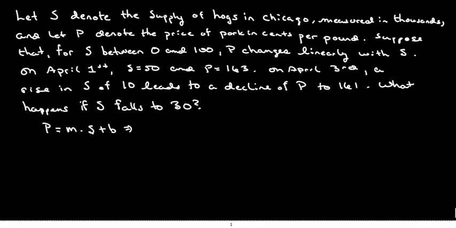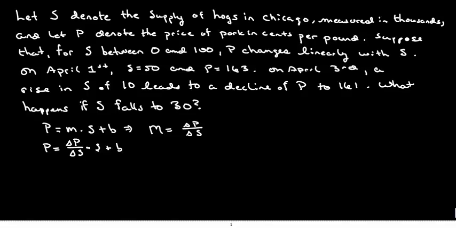So here's what I know. M has to be equal to the change in the price over the change in the supply. It's the change in the Y value over the change in the X value. So we can think about the equation as change in price over change in supply times supply plus the intercept value.